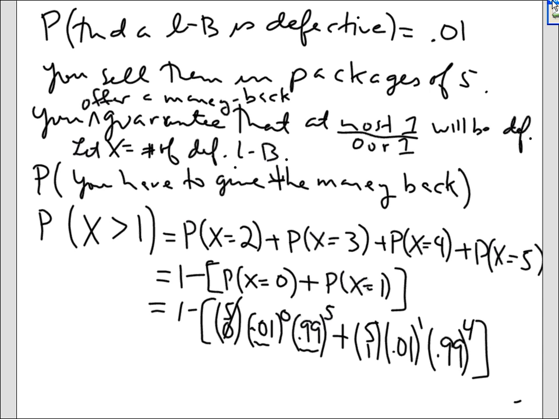This turns out to be 1. This turns out to be 1. So when you multiply 1 times 1 times 0.99 to the 5th, you get 0.99 to the 5th. Okay, you could compute this if you like.